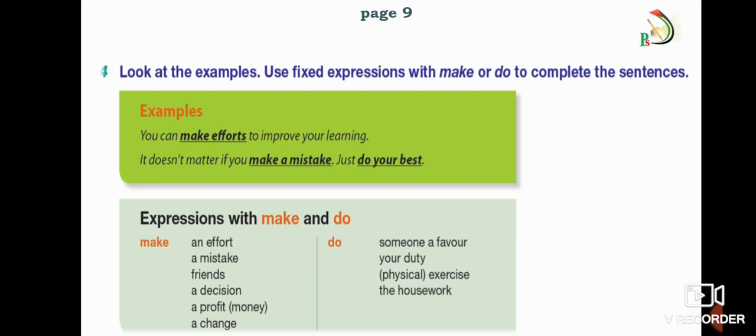For example, you can make efforts to improve your learning or just do your best. We have different expressions with make and do: make an effort, make a mistake, make friends, make a decision, make a profit, make a change. Whereas we have do your duty, do some exercises, do the whole housework, like that.